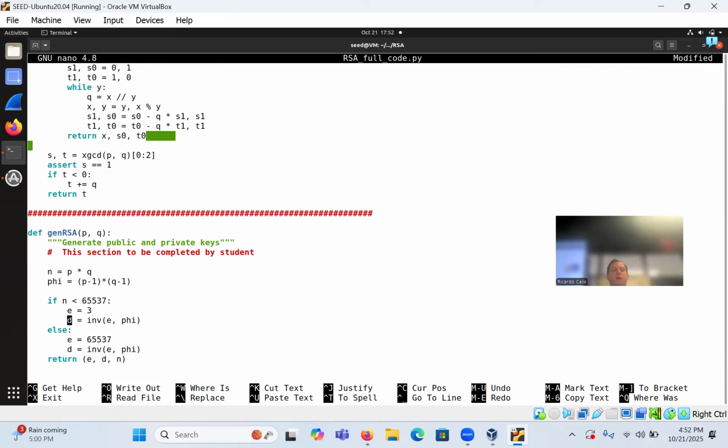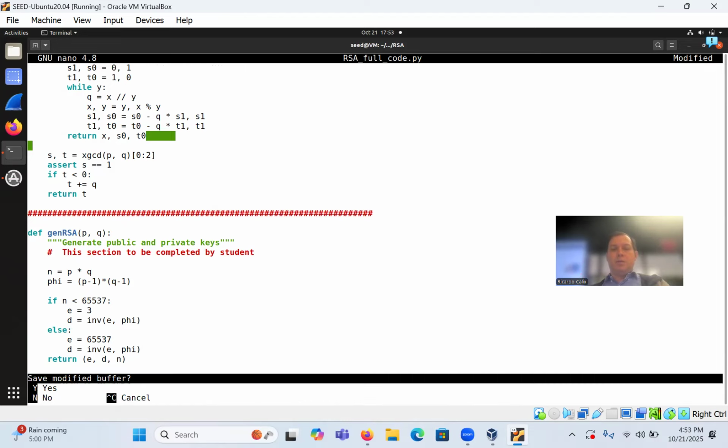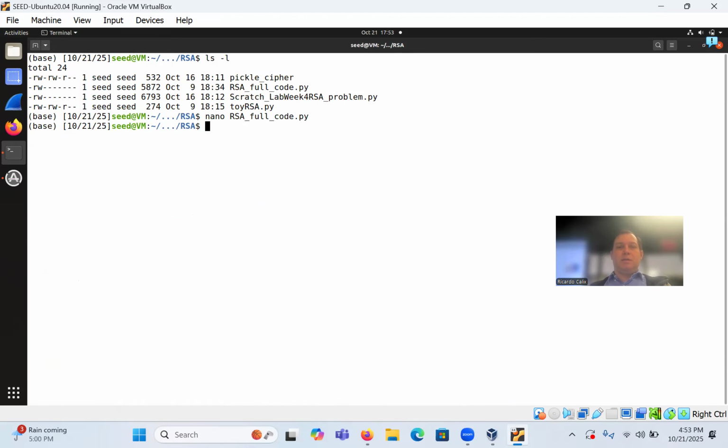Okay? And then once you have D, just use the equation approach. What I mean by that is use the TOI script. It'll make it easier so that you're not so concerned with the formatting. So just go to TOI RSA.